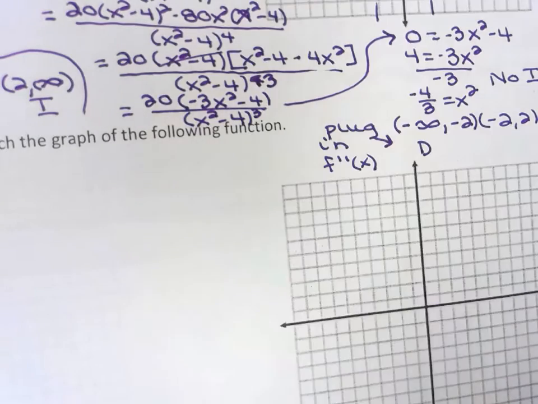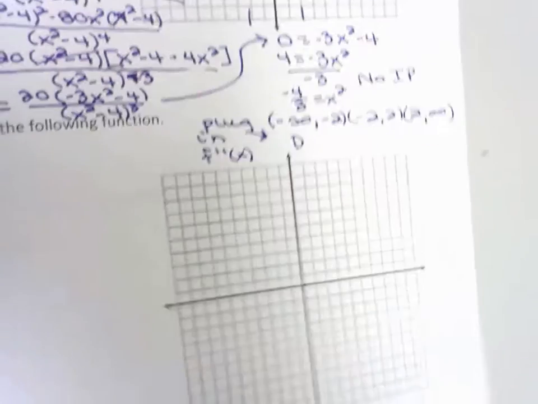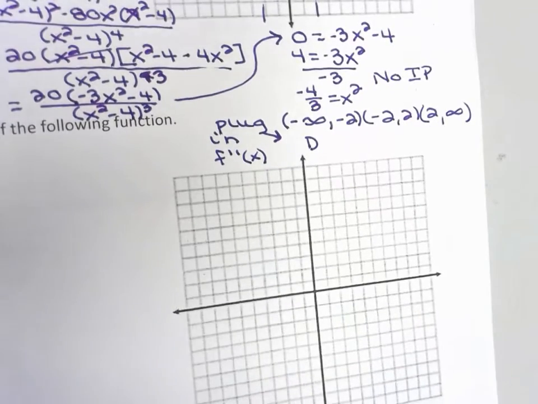What did I do wrong? Let's see. Okay, there's no inflection points. I said that wrong. There's no inflection points, but that doesn't necessarily mean that it's going to be the same concavity over the entire graph.